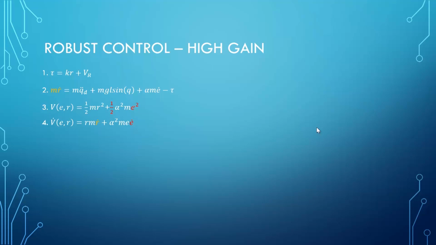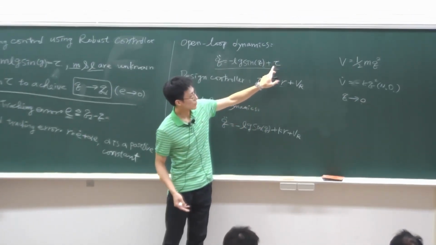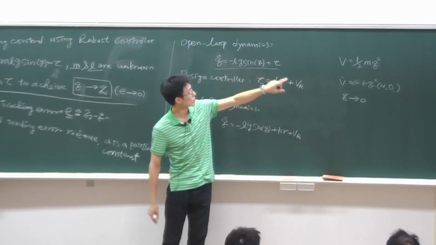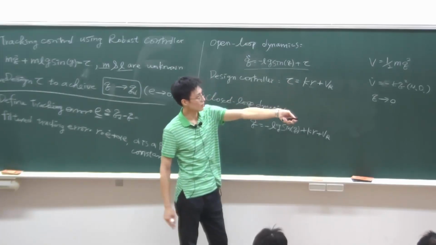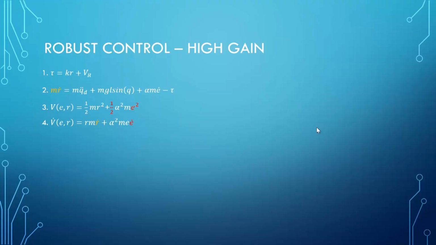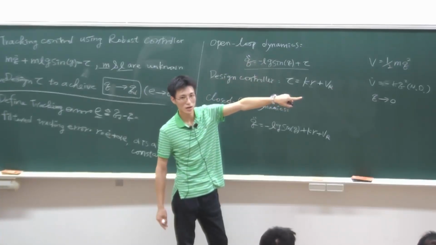There is no way either R dot or E dot gives you access to substitute your control input into here. To use this equation, there's no chance given this V dot, because you find there's no Q double dot on the right hand side.